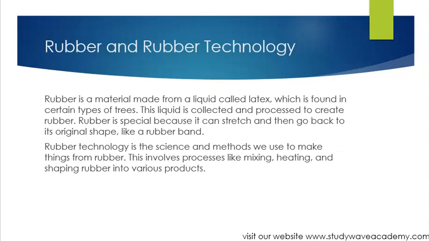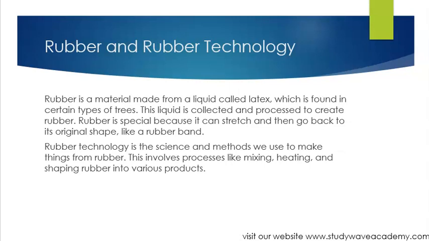Now we are going to be looking at the meaning of rubber technology. Okay, what do we mean by rubber technology? Rubber technology is the science and methods we use to make things from rubber. This involves processes like mixing, heating, shaping rubber into various products.